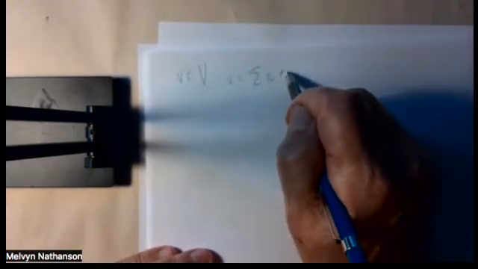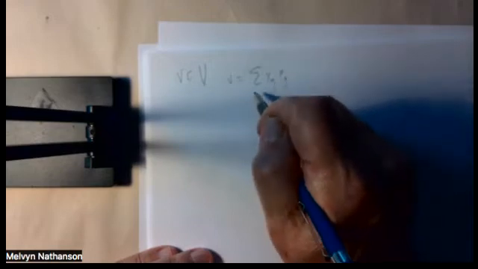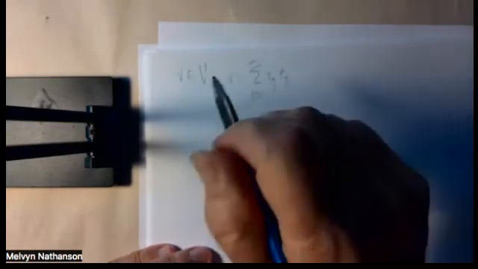So let me write this down again. I have the vector V in V. V is the summation of xj ej, j goes from 1 up to N. Okay.